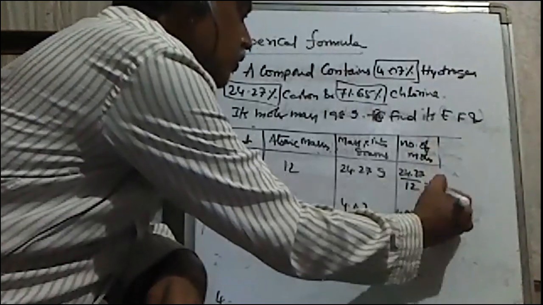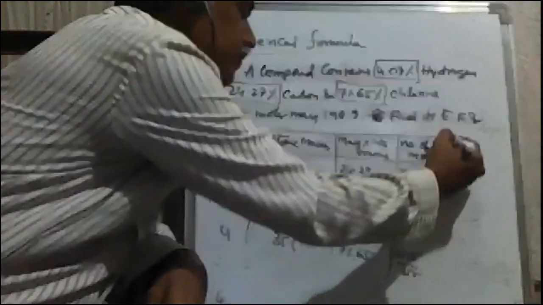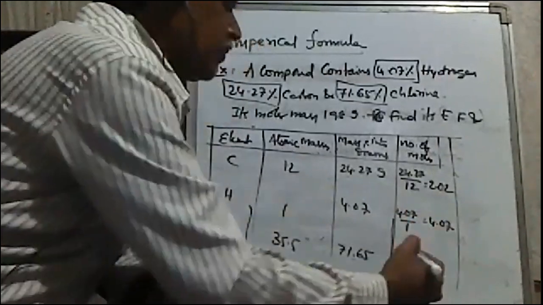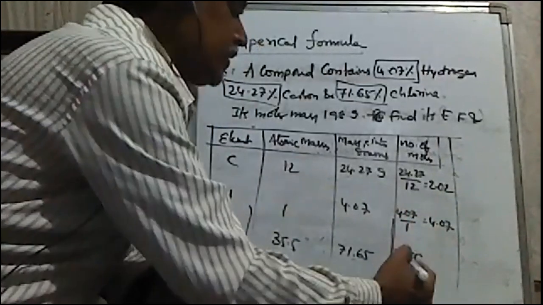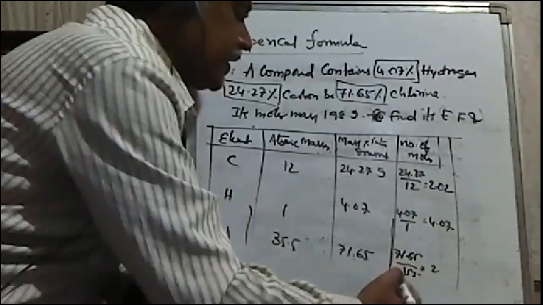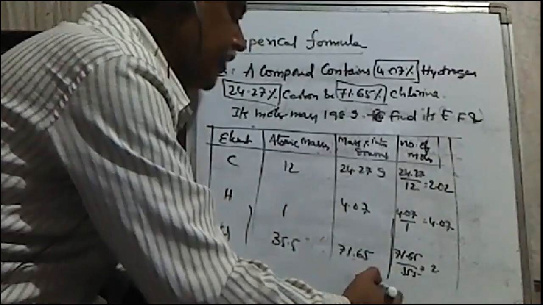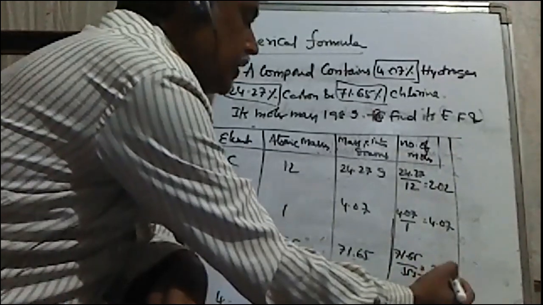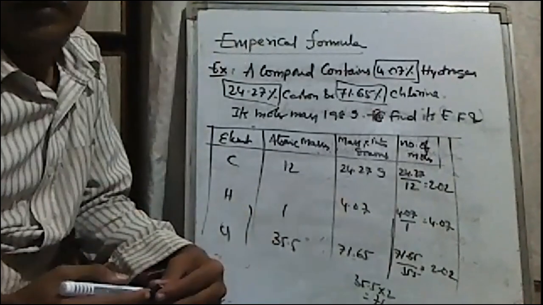Its value is 2.02. Then 4.07. And 71.65 by 35.5 is almost 2.02.